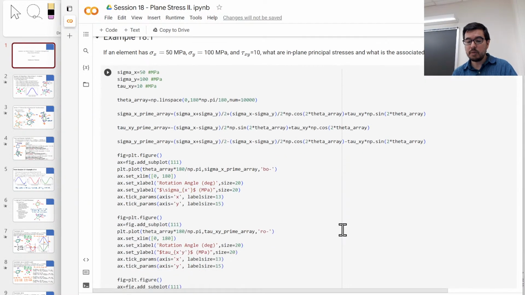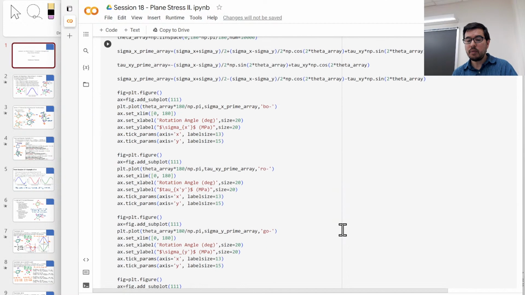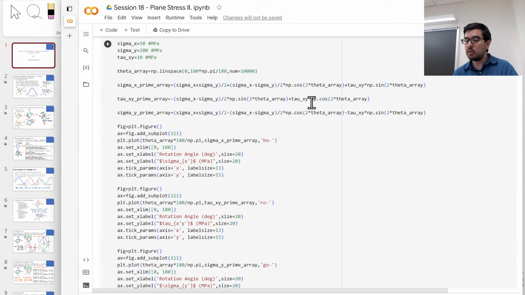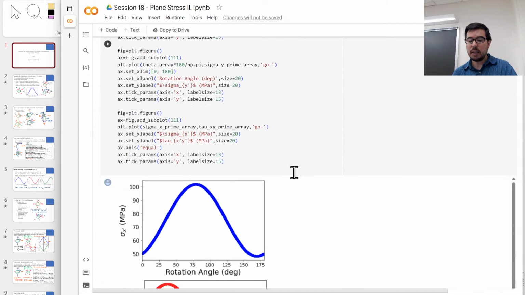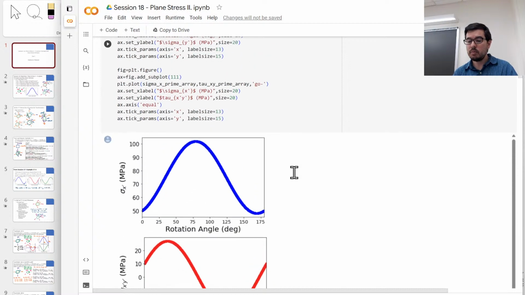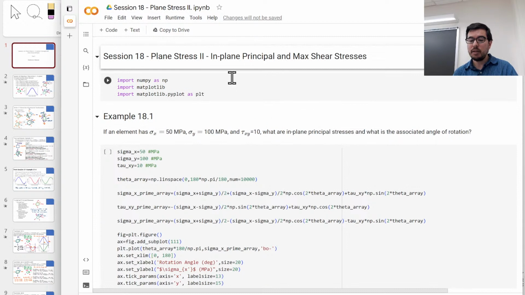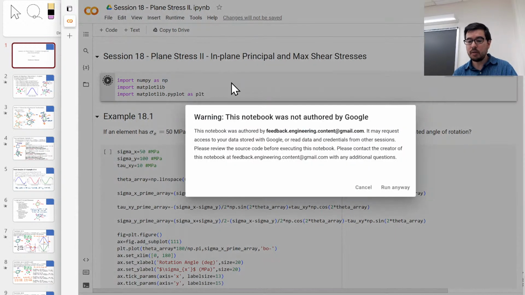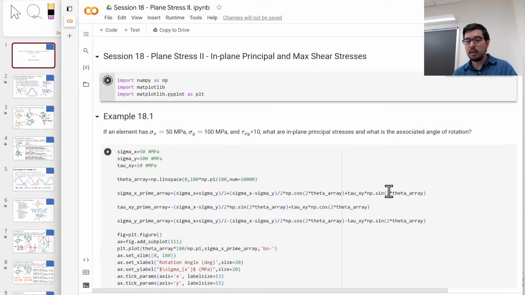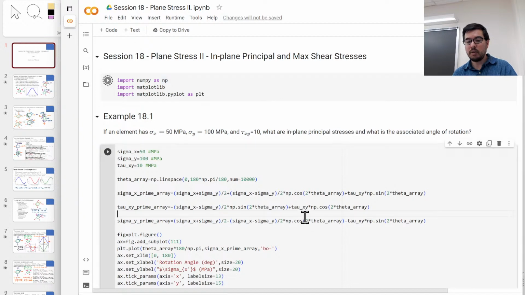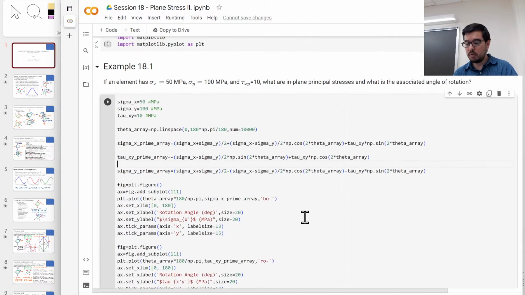You can look at these examples. So essentially, what I've done is I've put the stress transformation equations in here, okay, and they give you the plots. All that is necessary is to hit Control Enter on this file in Google, and hit Control Enter, all right, here.